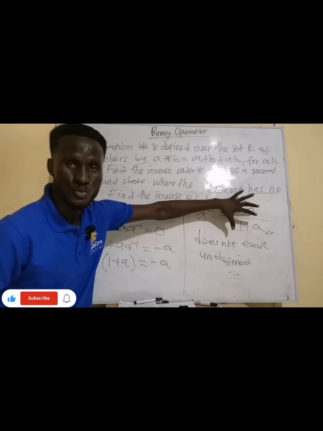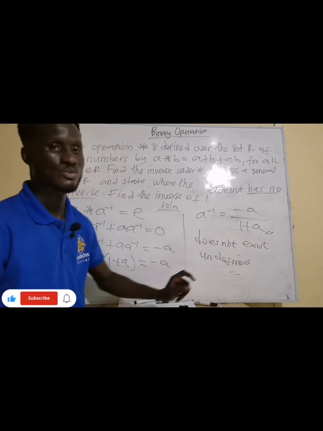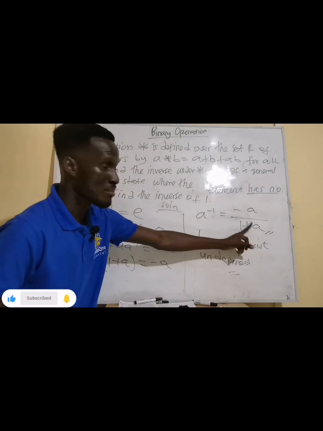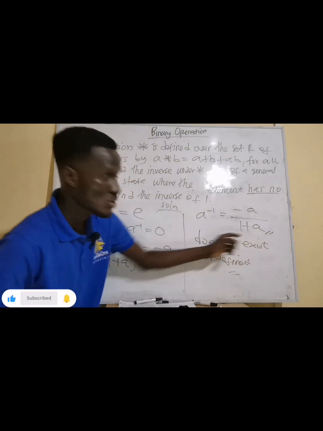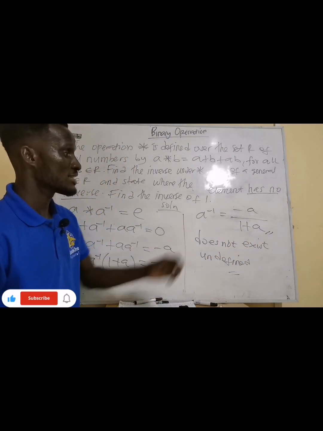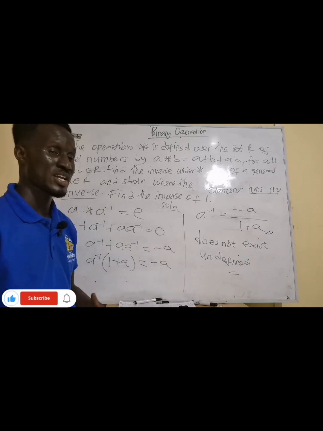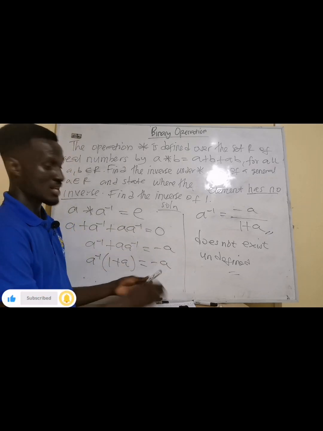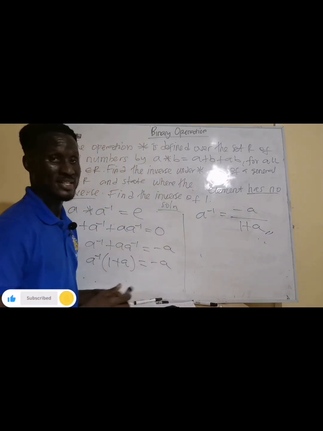The only situation where this will not exist is when the denominator is 0. The denominator here is 1 + A. So whenever the denominator is 0, there will not be any inverse. When you see any question like this, after finding the inverse, you put the denominator to 0.